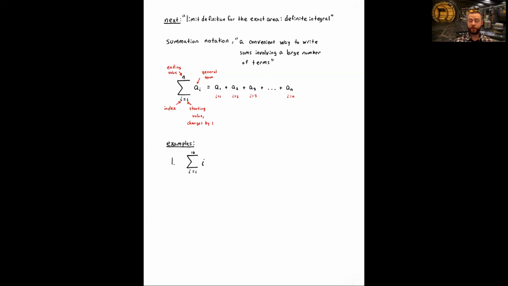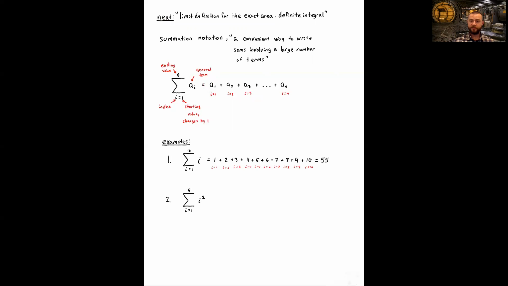If we write out the terms, we start with index value 1, and our general term a sub i just equals i here. So we're summing up the numbers from 1 up to 10: 1 plus 2 plus 3, all the way up to 10. If you add them up, you'll get 55.